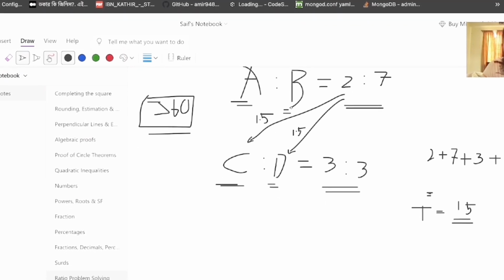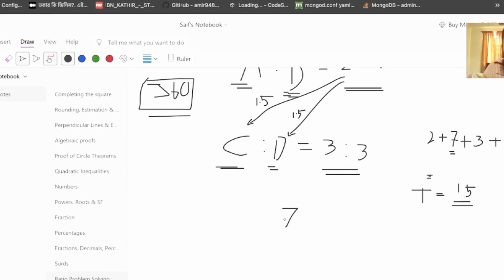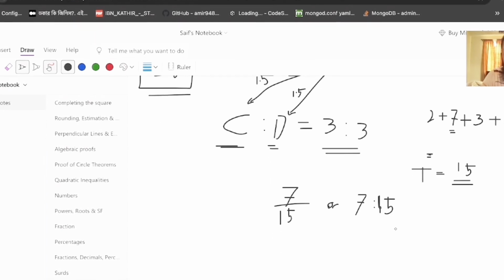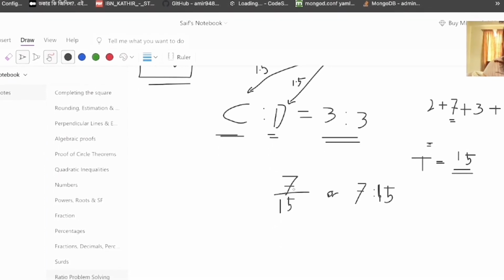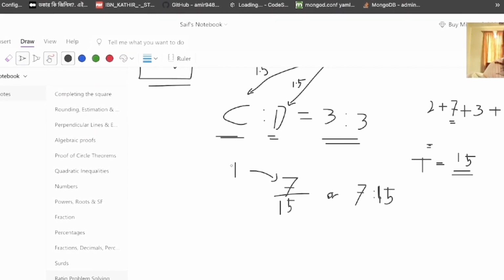So what does Ben get from this? Ben gets 7, so the amount Ben gets in terms of ratio is 7 is to 15. This is what Ben gets, and this is the total in terms of ratio.